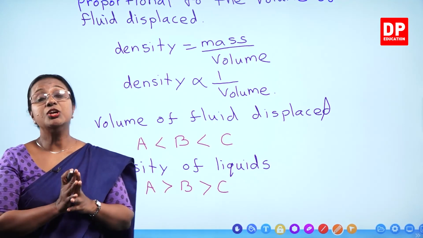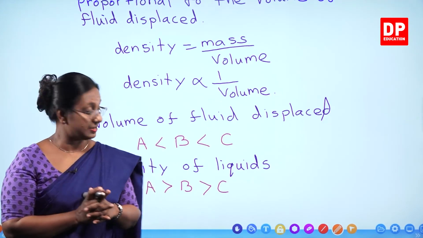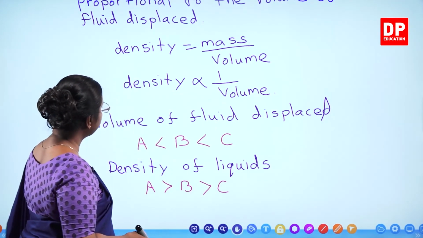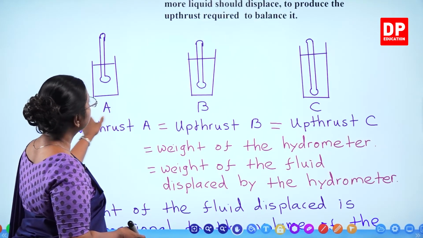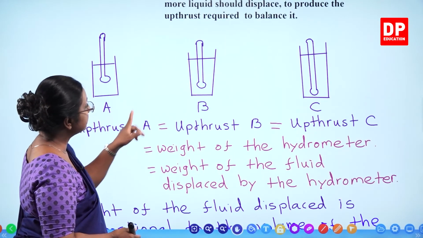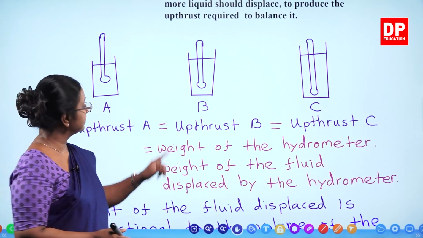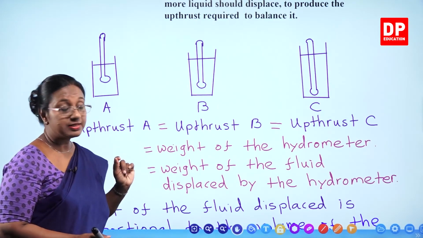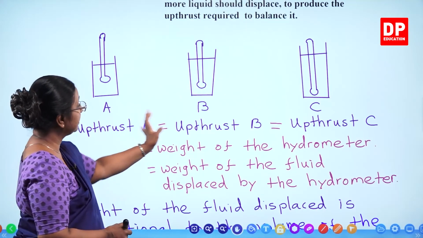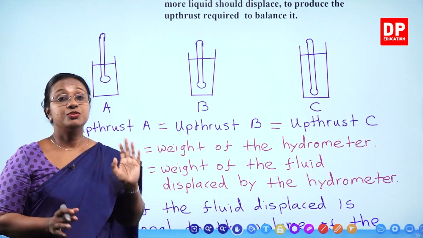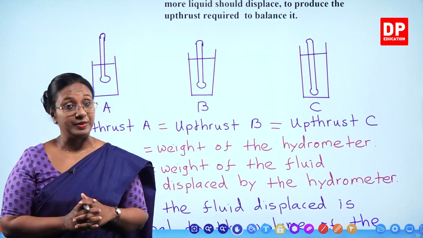So I am sure you all can understand that concept. So in this particular diagram, if we consider the densities, the density of C is less, the density of B is a little bit more, and the density of A is the highest in these three instances. So that is how we use the hydrometer.